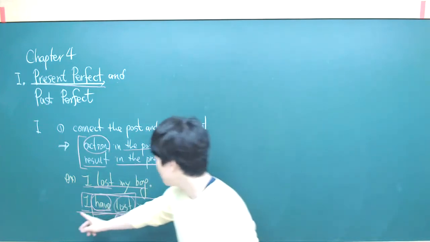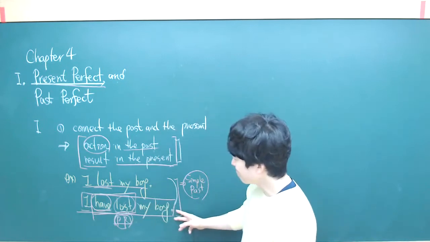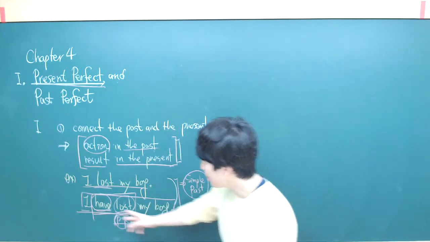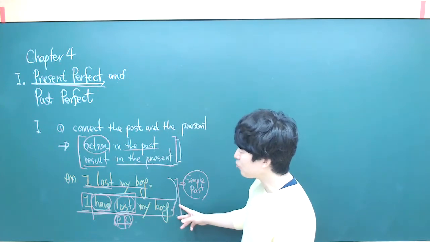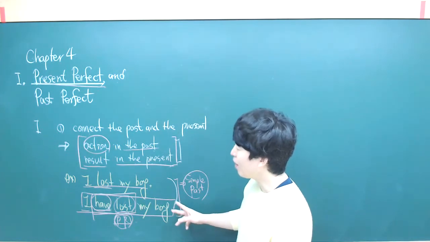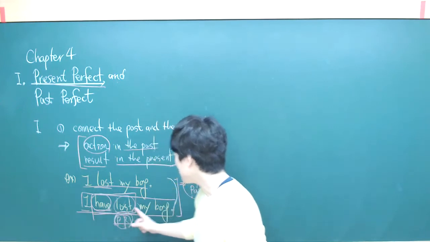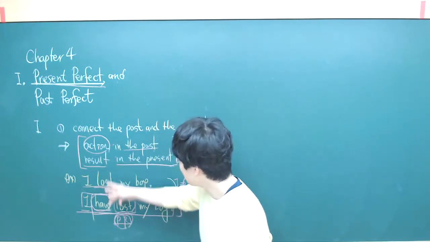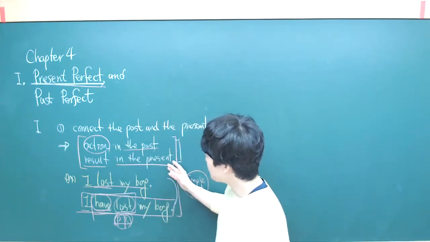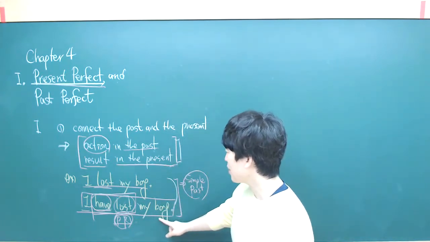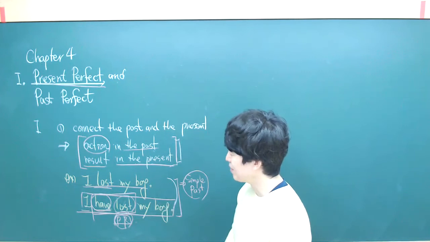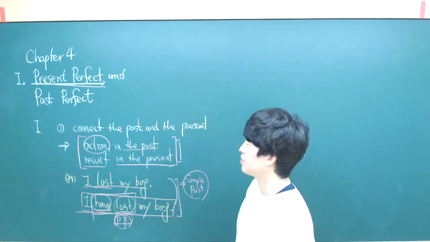But when you hear or read the sentence, I have lost my bag, you can be 100% sure the result of losing my bag still affects up to now. So you don't have your bag. That's the difference.